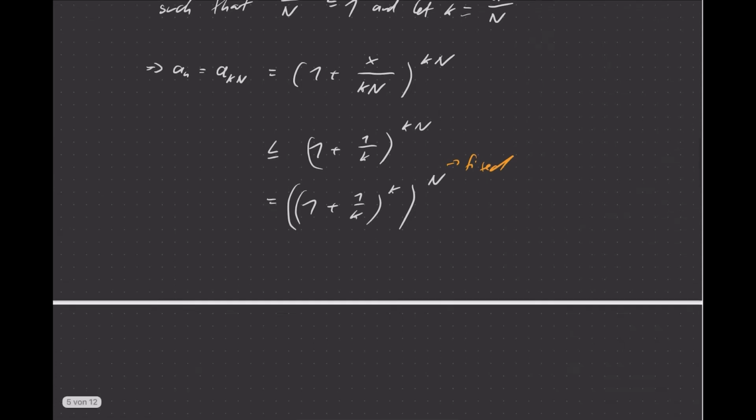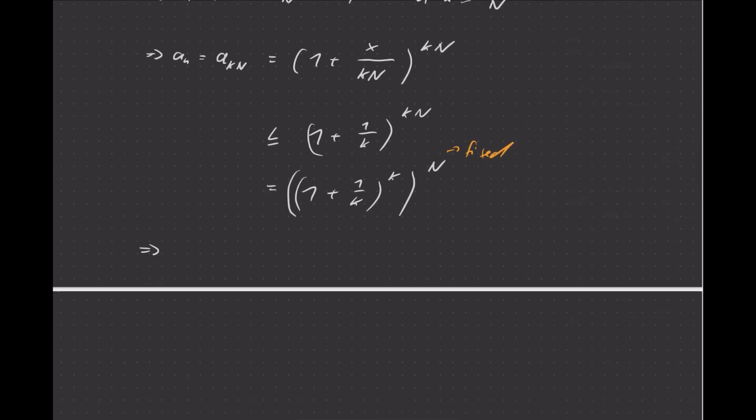So that simplifies matters a little and means it's sufficient to show boundedness for x equals 1. So it is sufficient to show that 1 plus 1 over k to the power of k is bounded.